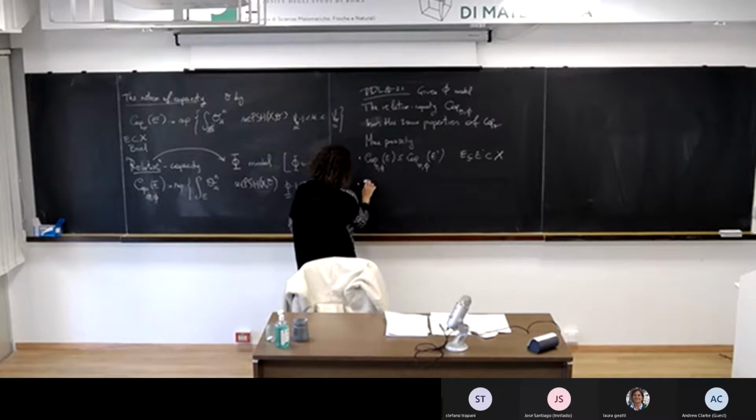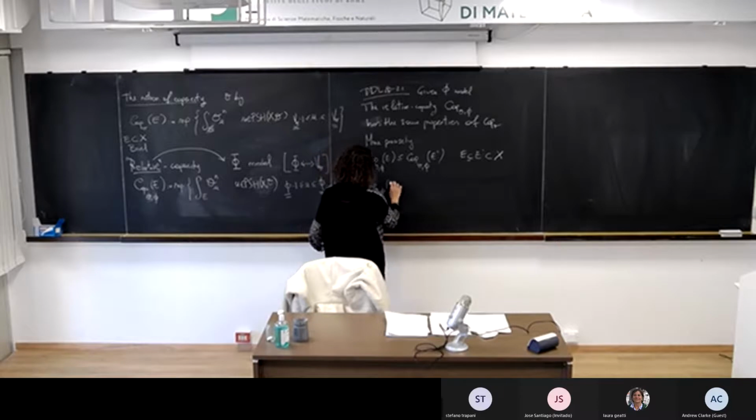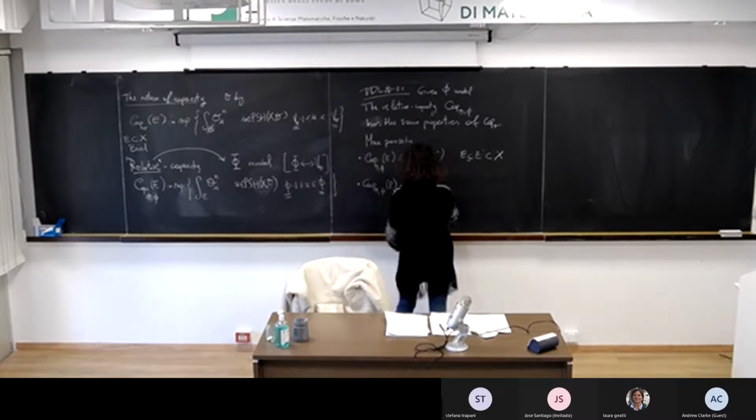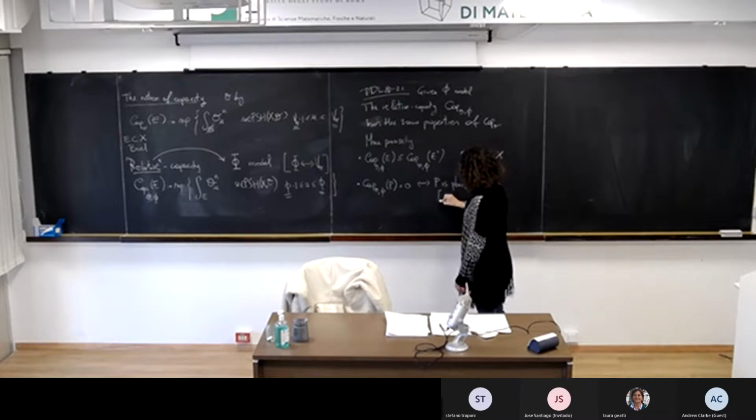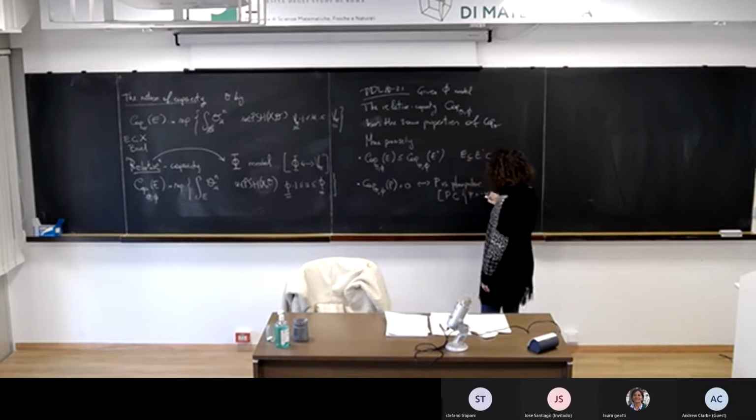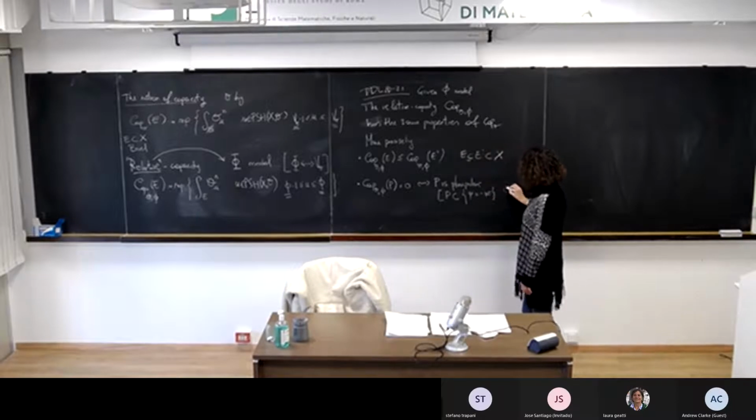Then the capacity cap_theta,phi of P is 0 if and only if P is pluripolar. So again, we have this characterization of pluripolar sets, once again, the sets contained in the minus infinity locus of a quasi-plurisubharmonic function.